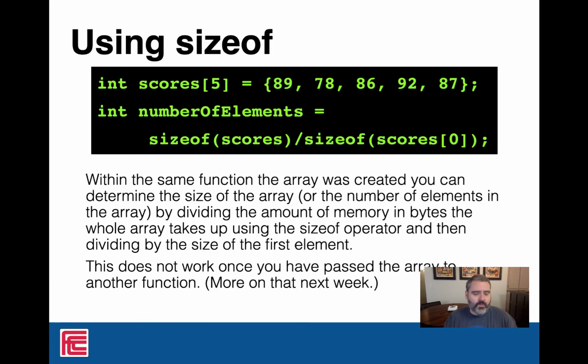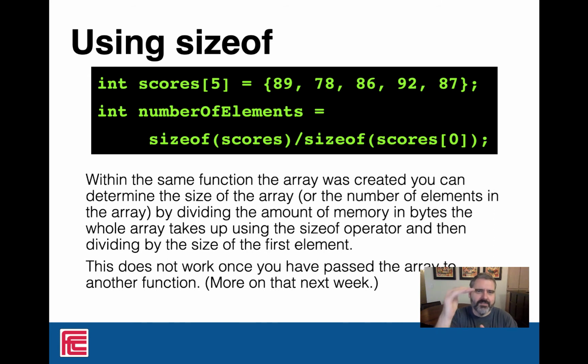There is a way, by the way, of calculating the size of an array without having to create a constant or do any of that. The problem is, in practice, it has less use, only because it only works when the array is created right there in the function that it's in.